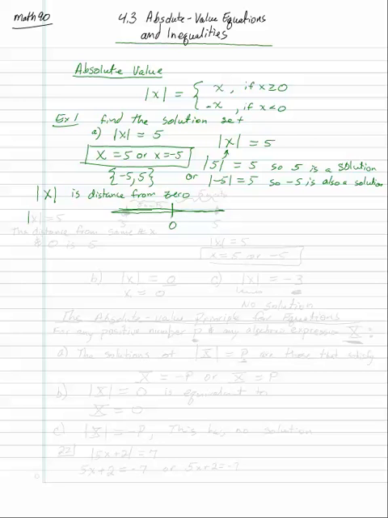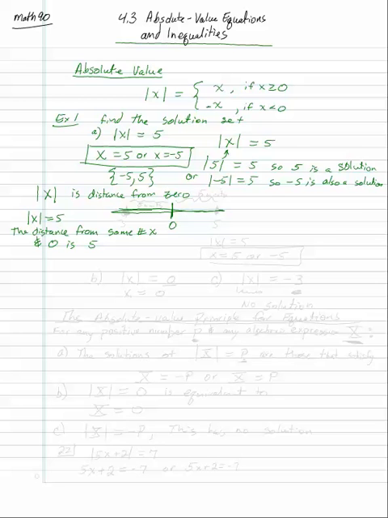So if I said the absolute value of x is equal to 5, we're saying the distance between some number x and 0 is 5.